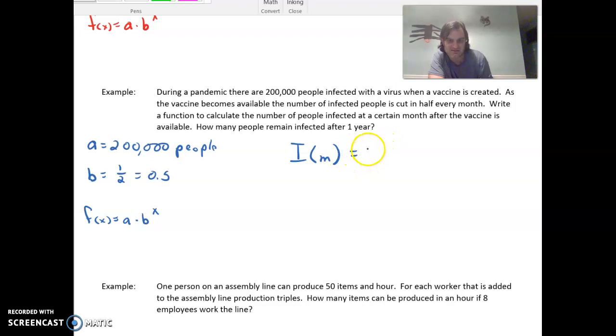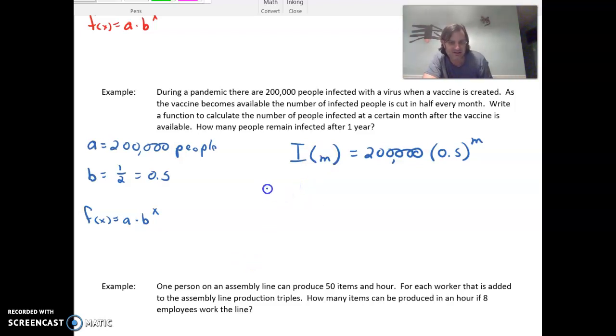We have the starting amount, which is 200,000, times 1/2, or 0.5 for the multiplier, raised to the m in this case. So 200,000 times 1/2 to the m is how I've written my function. You can definitely use different variables if they come to your mind.